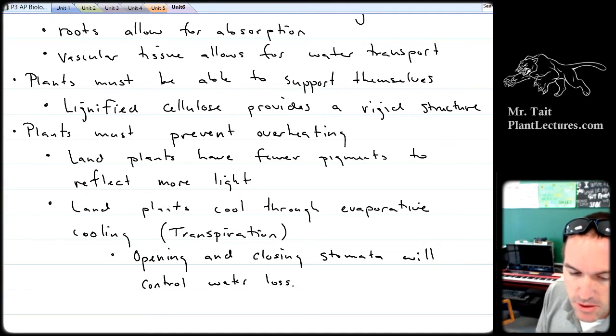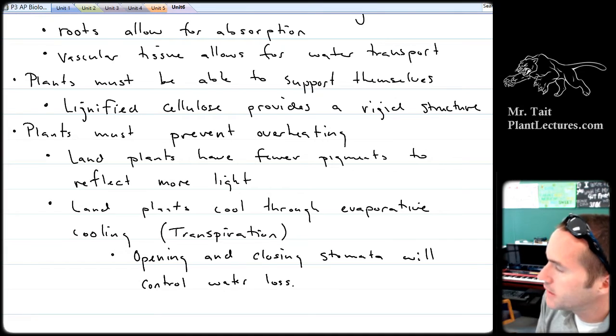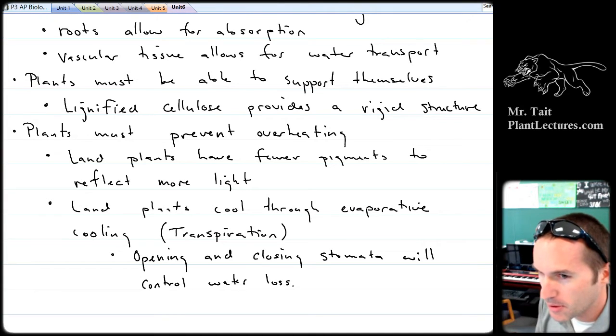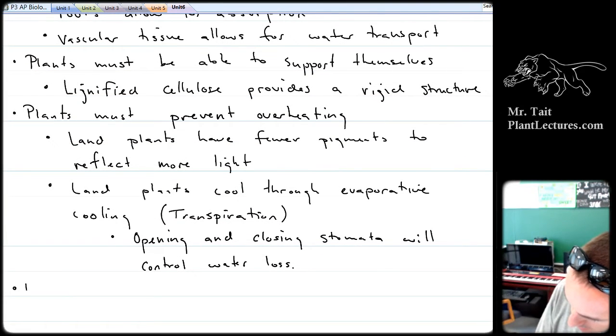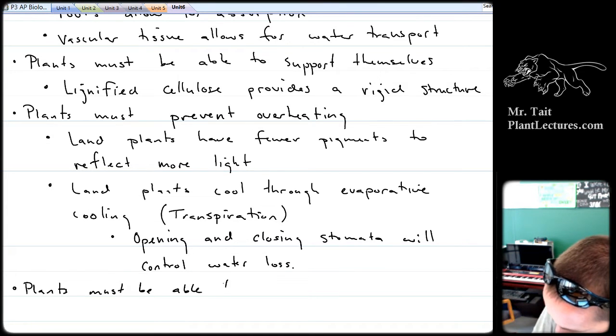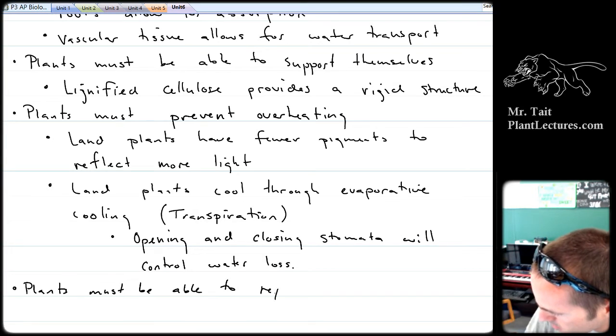Last thing is something you might not think about, and that is these plants have to be able to reproduce. And aquatic plants reproduce via sperm and egg. Plants must be able to reproduce.